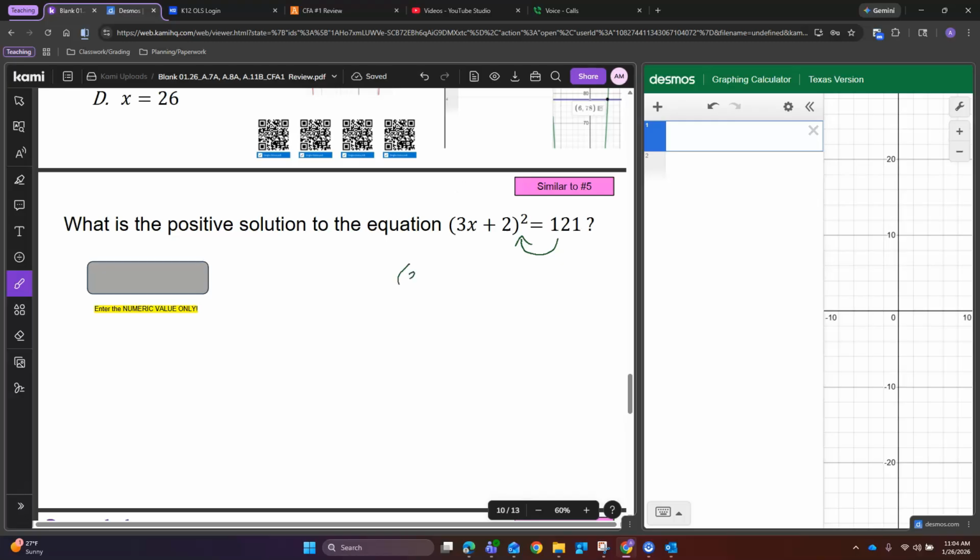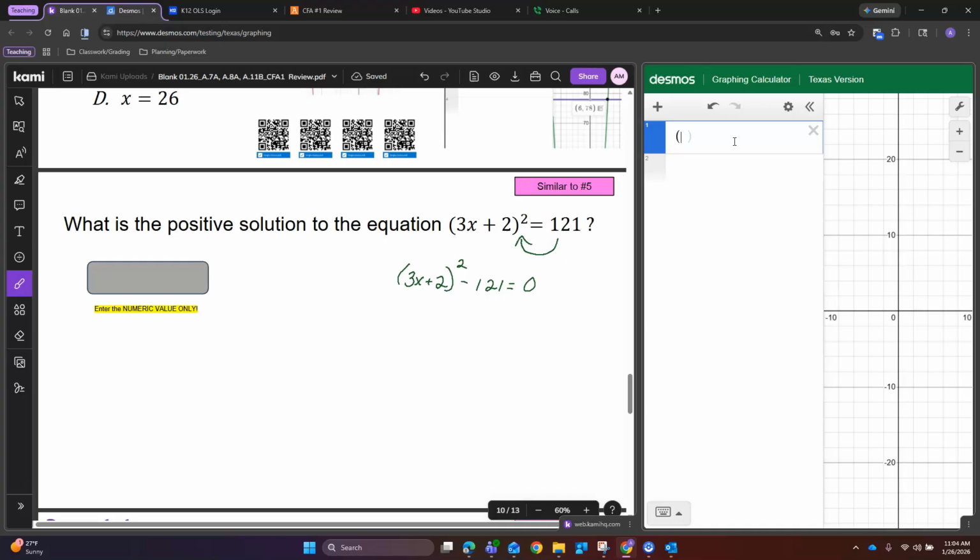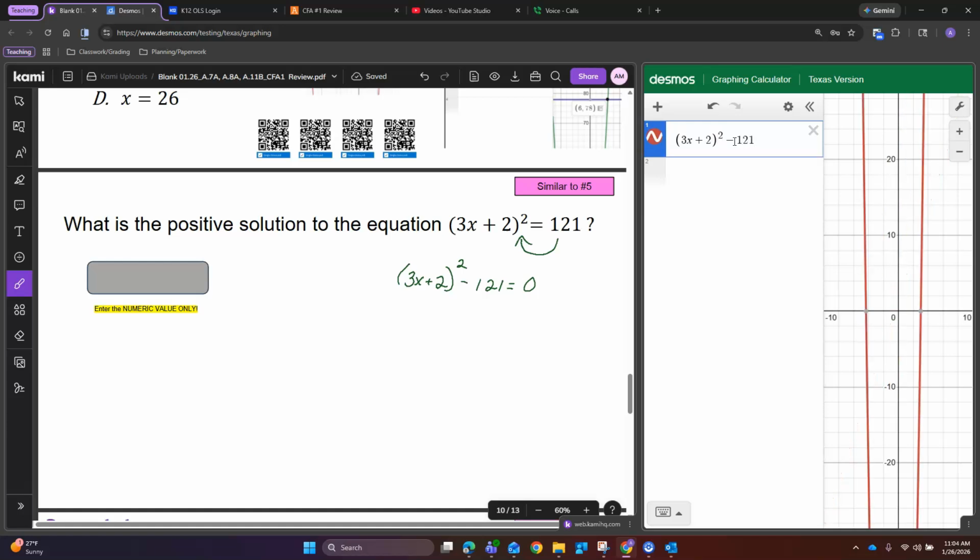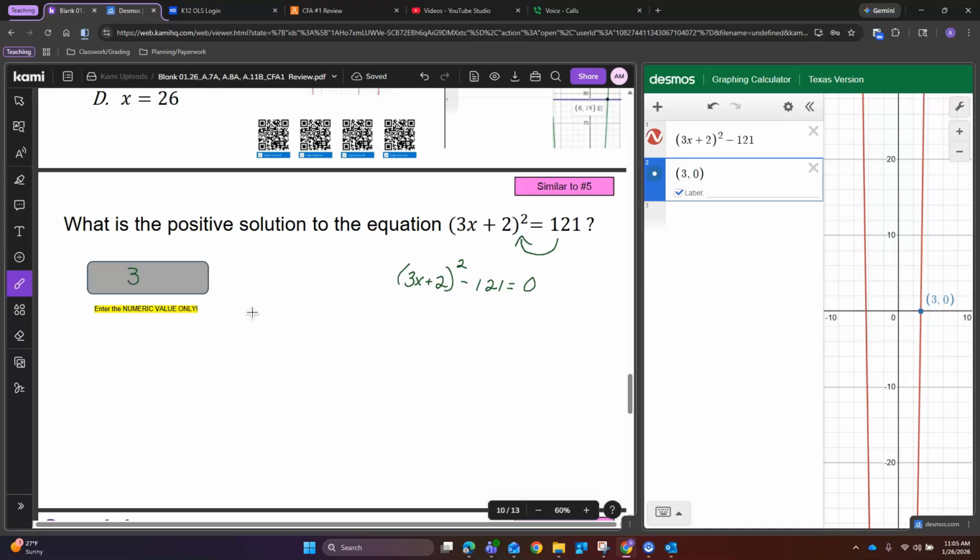But I'm going to put 3x plus 2 quantity squared minus 121 is equal to 0 into my calculator. 3x plus 2 squared minus 121. And I'm only looking for the positive solution. So let me go ahead and label that just so it's in the picture. And we're going to get 3. So when you're doing this in Amplify, all you need to do is put 3.